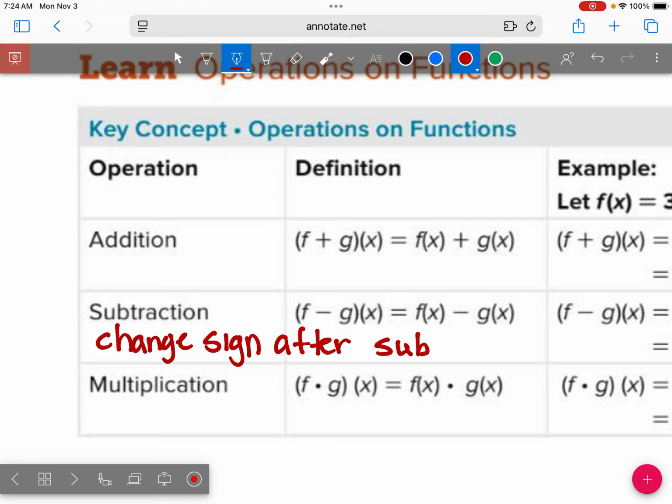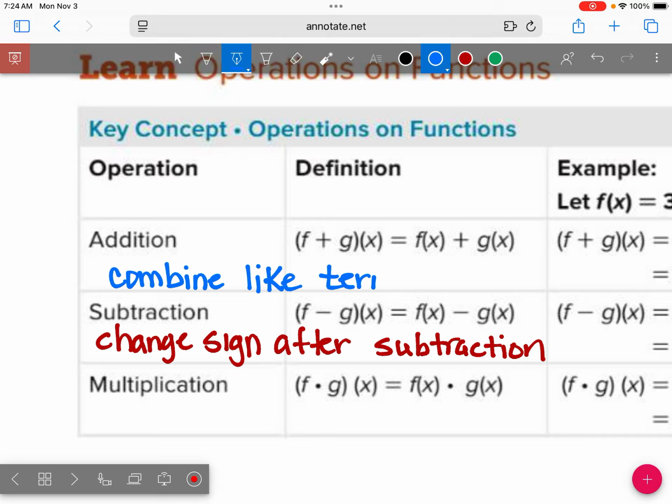So whatever is after subtraction, we have to change signs first. Then we combine like terms. With addition, we just combine our like terms. And then with multiplication, we're going to distribute, and sometimes we'll make a box, depending on if it's a 2 by 2.